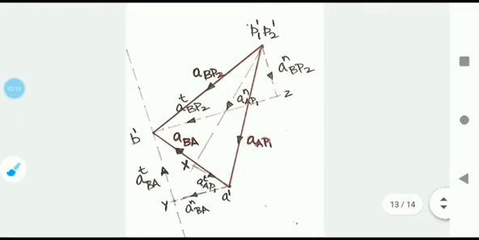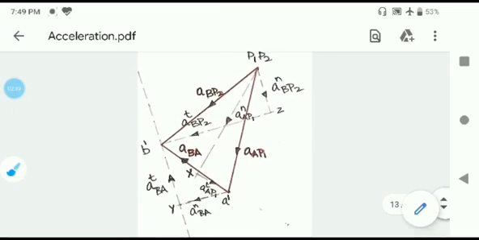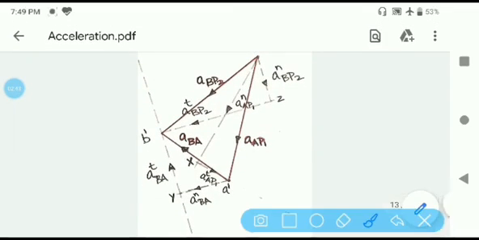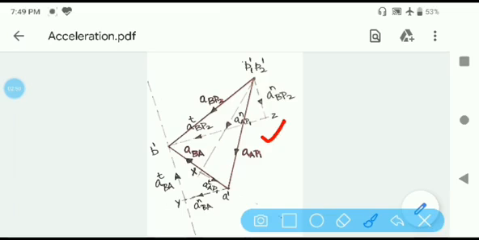So you can see here, this is what you will get finally. And you need to label all points and also indicate all accelerations as I have done it. Like this line indicates acceleration of A relative to P1. I have indicated the arrow mark like this.